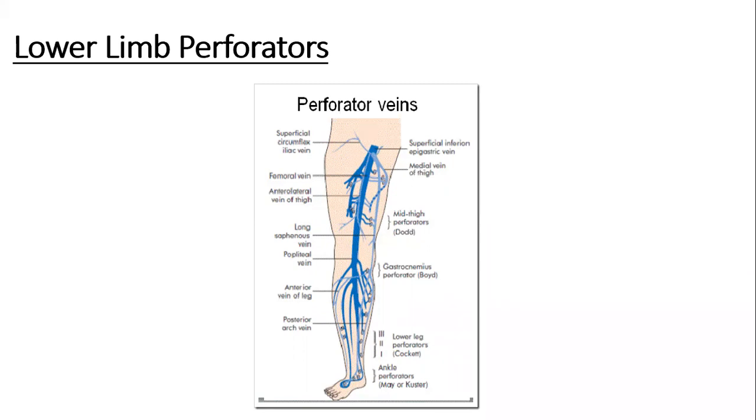Next, we have the Boyd perforators, also called knee perforators. They are located either at the level of knee joint or below the knee joint. And they connect the posterior tibial vein and great saphenous vein with each other. Then we have two groups of perforators that are located within the thigh, upper and lower aspects of thigh medially.